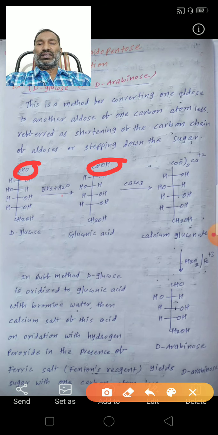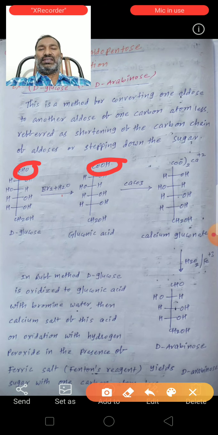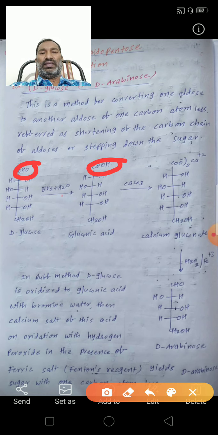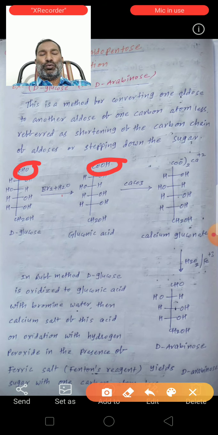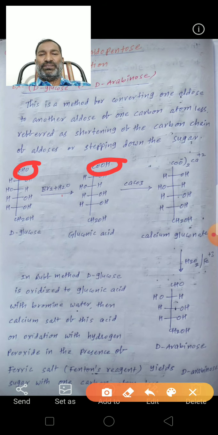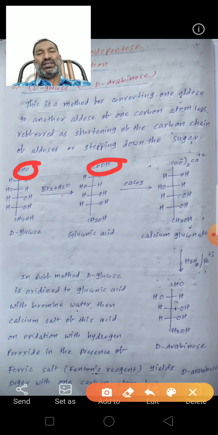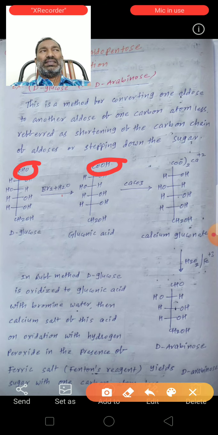This gluconic acid reacts with calcium carbonate to form calcium gluconate. Gluconic acid is an acid, calcium carbonate is a base, so both give calcium gluconate salt.